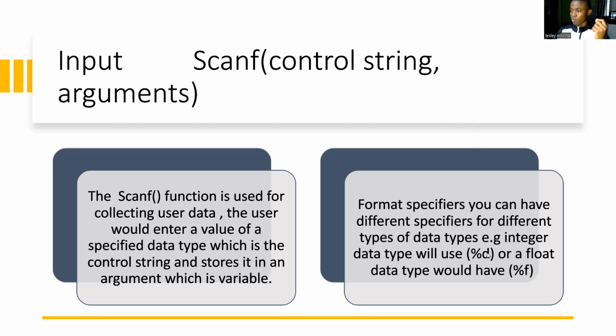So the integer data type would be, now I'm talking programming language, modulus D or percentage sign D, and a float data type would be percentage sign F. These format specifiers go into the part of the function which is the control string.